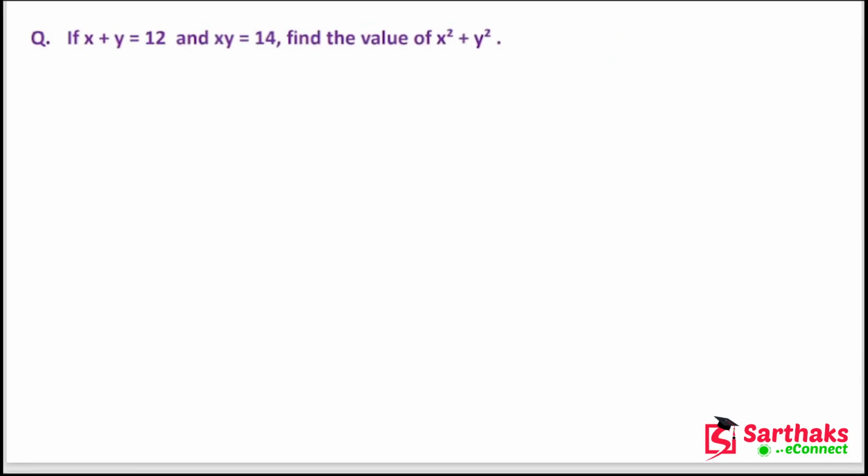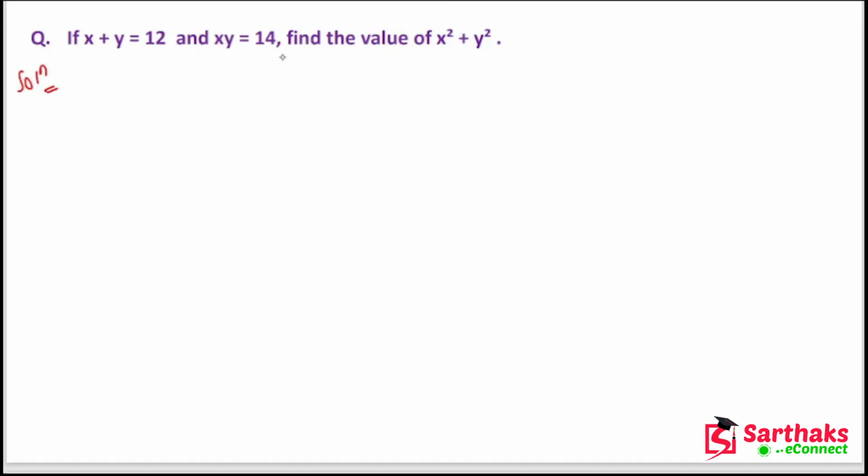Now this question says that if x plus y is equals to 12 and x into y is 14, find the value of x square plus y square. So obviously it is talking about plus, so let us talk about a plus b whole square. We are given x plus y and xy, and we have to find x square plus y square.